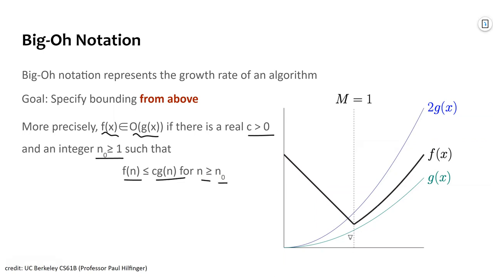So if, let's say, this value is like 3 or 2, even in this case, we say that f is inside the big O family of g(x). All right?